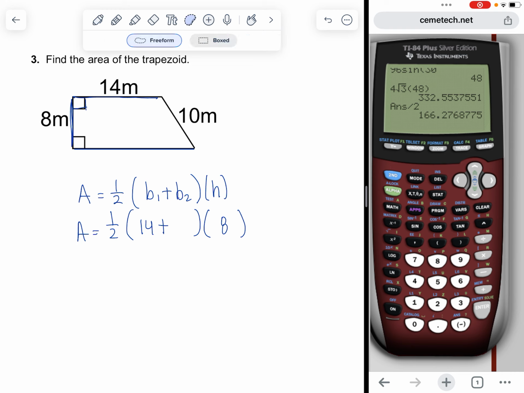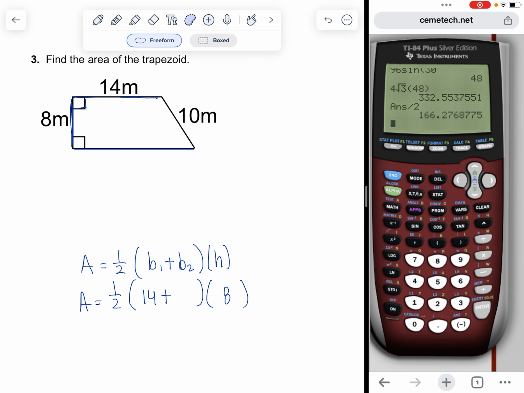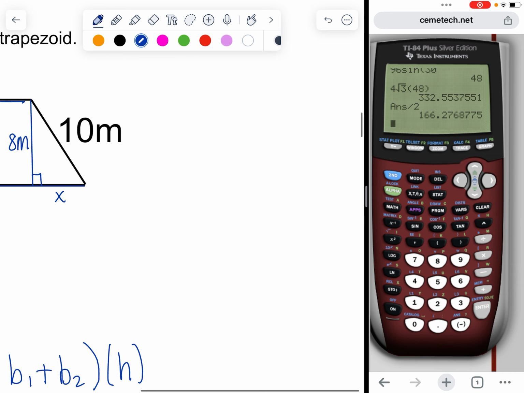All right, I need to find that second base right there. So what I'm going to do is I'm going to break it into a rectangle. And this one's one triangle, right? So here's my rectangle on the left there. This is 14. This is 14. This is 8. And then I don't know what this piece is, so I'll call it X. And if you look, zoom in, I can find it using Pythagorean theorem. It's also a triple, so if you know it, you can just say what it is.